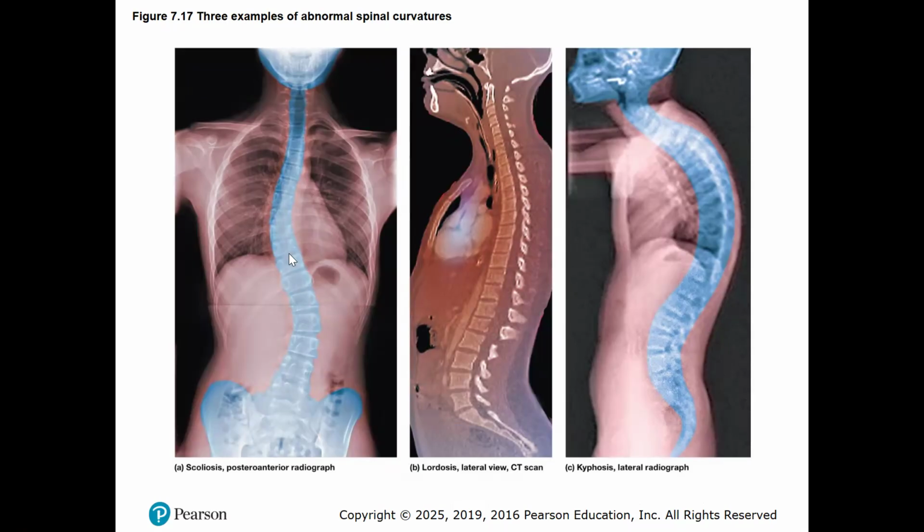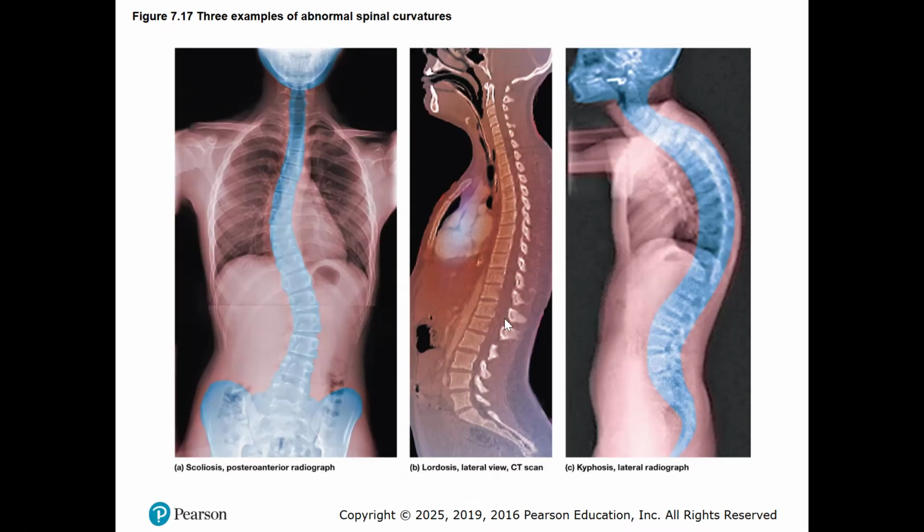It can be mild, which requires no treatment, or it can be severe in the fact here that you see it can impact the heart and the lungs and may need to be corrected with back braces and different therapies or maybe surgery. Okay. Then you have what's known as lordosis that affects the lumbar vertebrae. So lordo for lumbar.